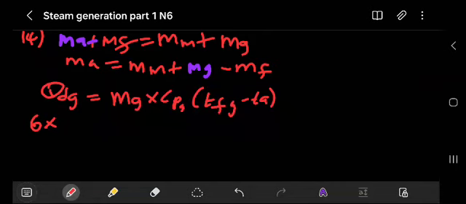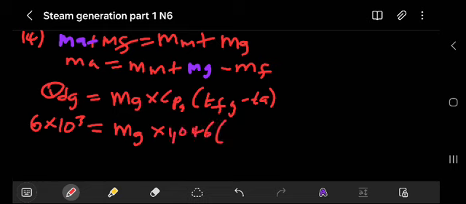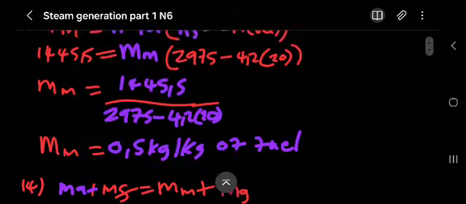This will be times 10 to the power of 3. Remember, it must be in kilojoules. So it will be just like that. It equals the mass of the gas that we want multiplied by the specific capacity, which was 1,046, into the temperature, 250 minus 20 here.